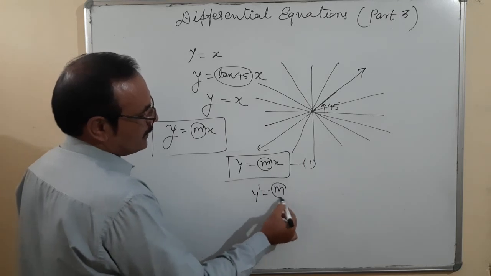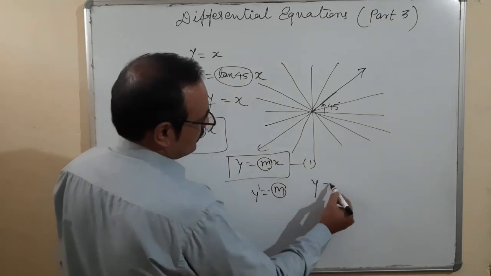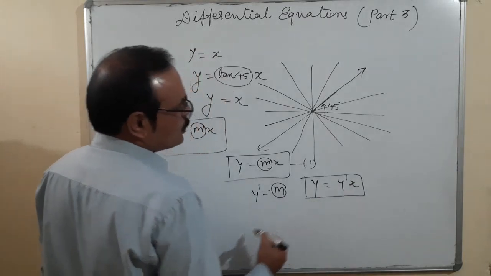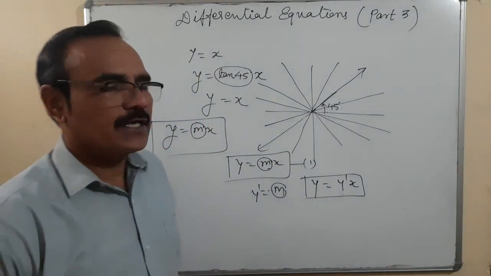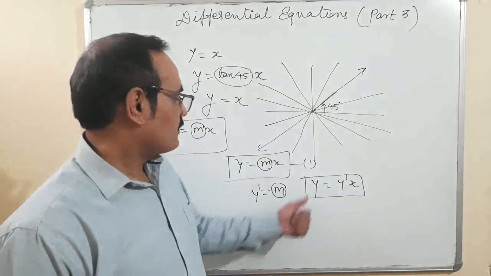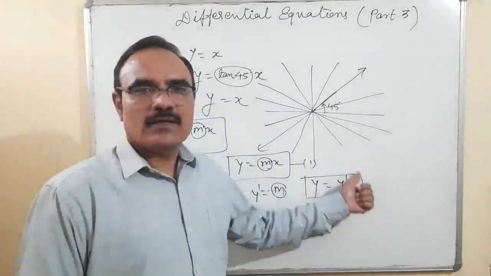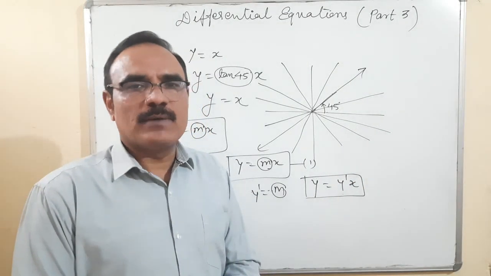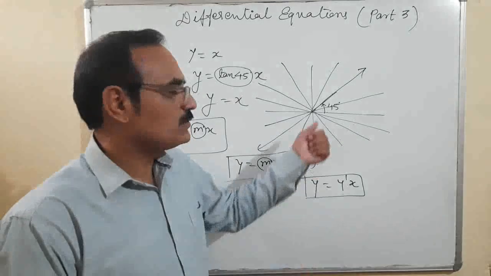So what is the value of m? m is y dash. So when I write y is equal to y dash x, this is the differential equation of the family of lines passing through the origin.